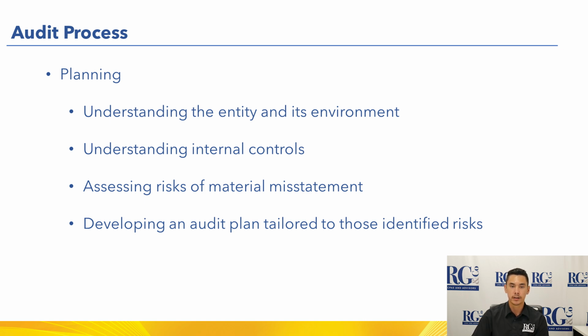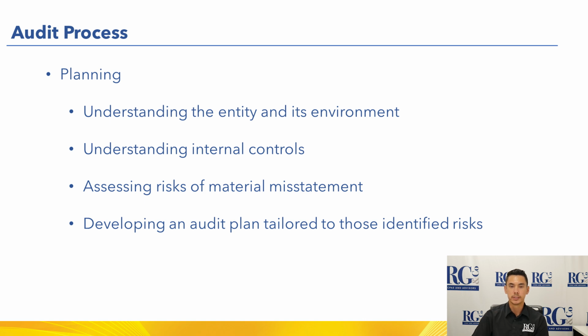So now that we have an understanding of the entity and we've gained an understanding of the entity's internal controls, next we're going to want to assess the risk of material misstatement for each significant audit area. This is a very important step in our audit process because it determines our audit approach. We'll perform basic procedures on areas we determine to have a lower risk of material misstatement.